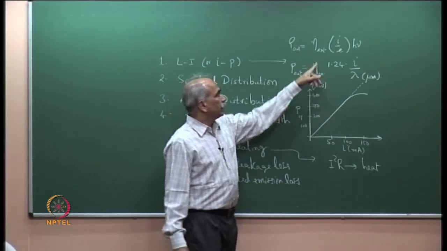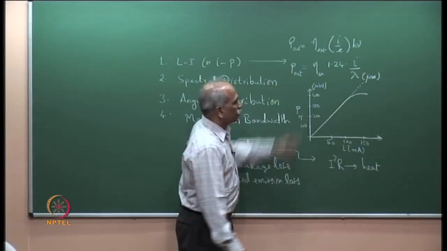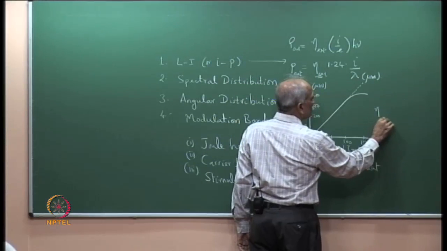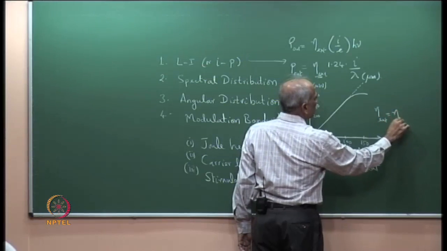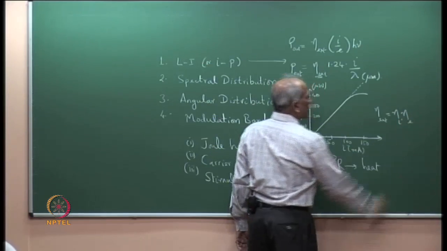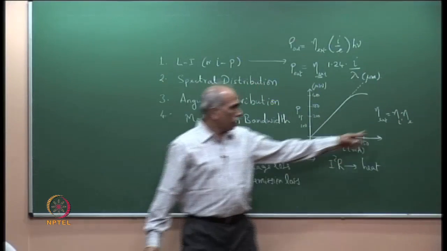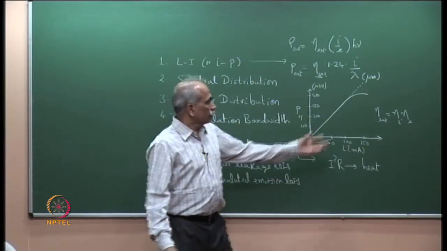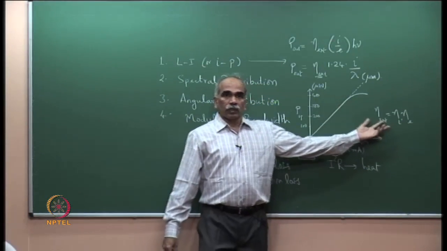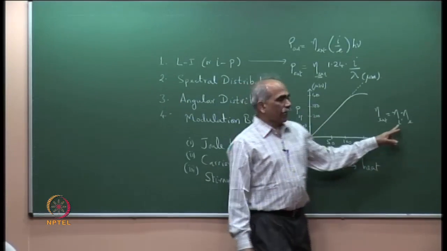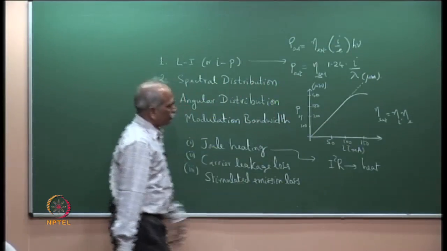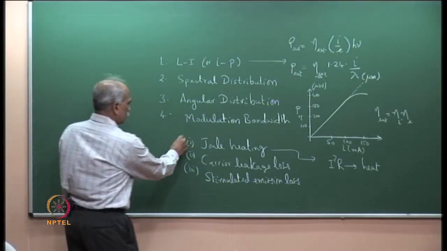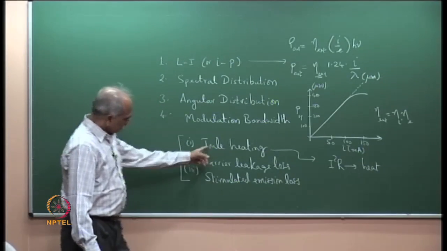Recall that eta external is equal to eta I into eta extraction efficiency. So eta I drops down exponentially with temperature, and therefore eta external drops down, and therefore the power output drops. So that is Joule heating.